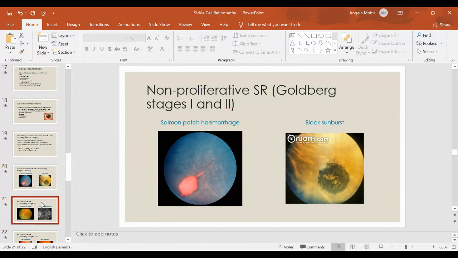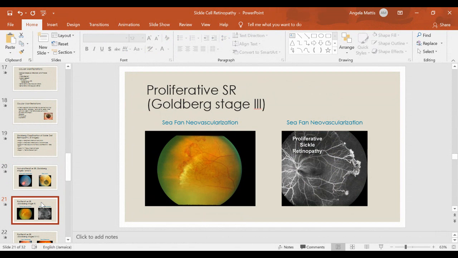Okay? Now, here we have our stage 3, which is our proliferative retinopathy. And this is what we call our C-fan neovascularization. And it looks just like a fan.